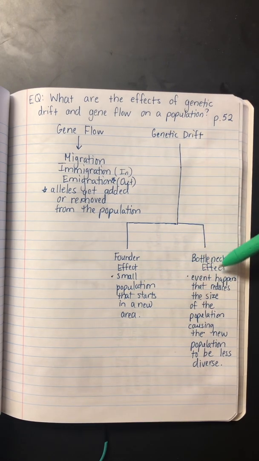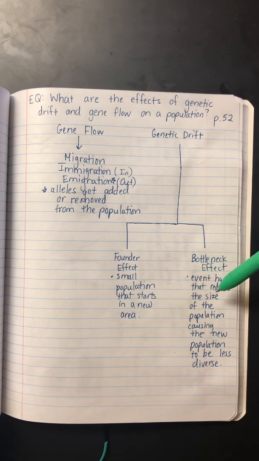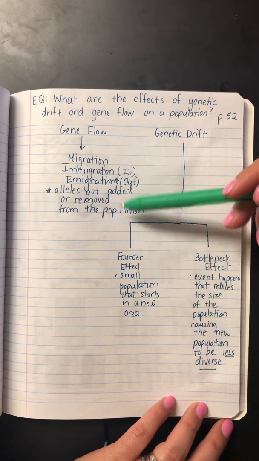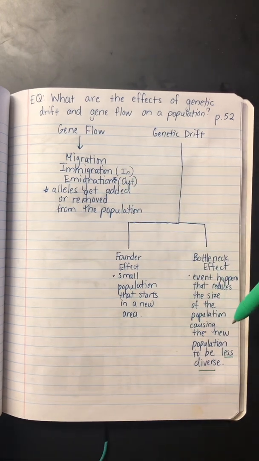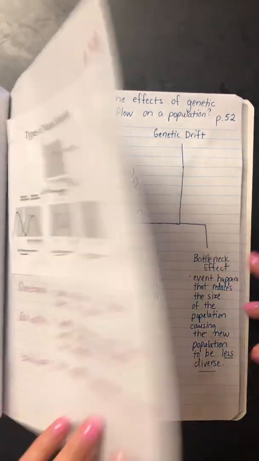And then in the bottleneck effect, which is another type of genetic drift, and again, another mechanism of evolution, some event is going to happen like a fire or a flood or some kind of freak storm, and it's going to reduce the size of the population. And again, cause the population to be, this is important, less diverse. Same thing with migration. So keep in mind questions about decreasing and increasing diversity as related to these mechanisms. I'm going to go back a little bit.